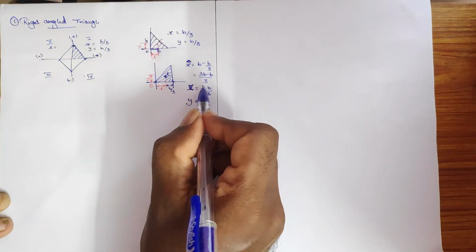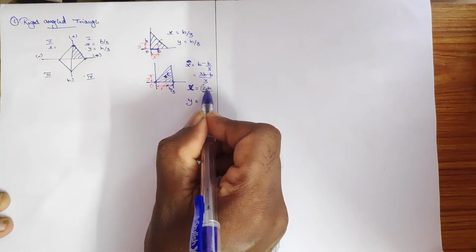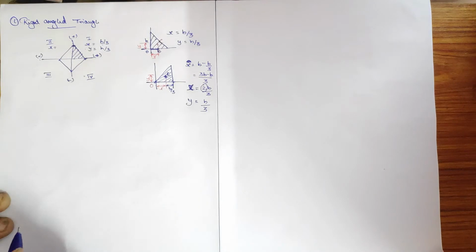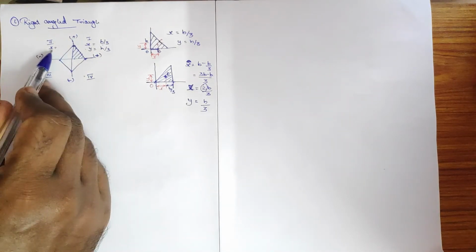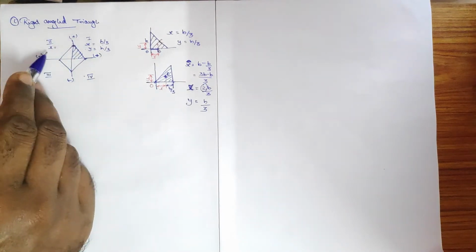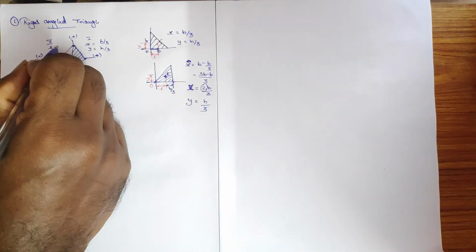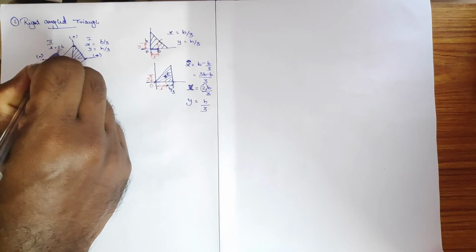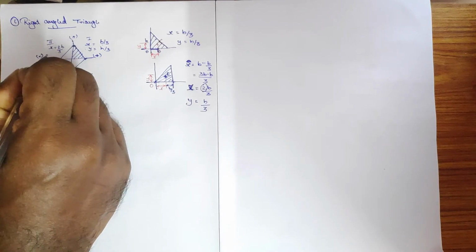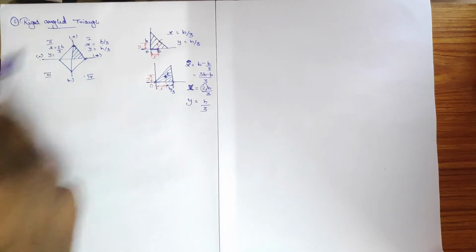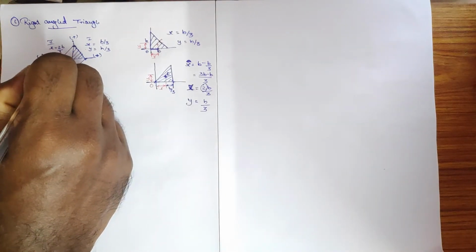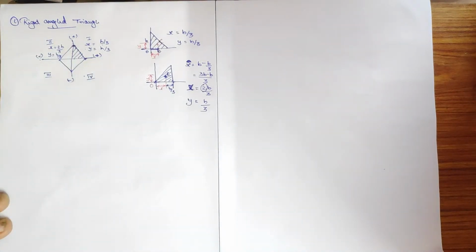When you are getting minus at that particular coordinate axis, we need to put 2. It's a shortcut, 2b by 3. For y, it's a positive value, so h by 3.